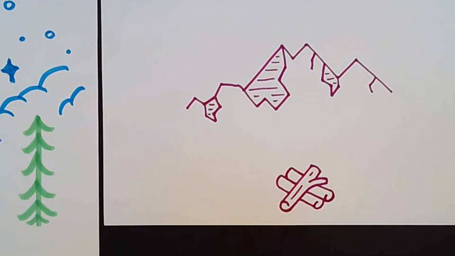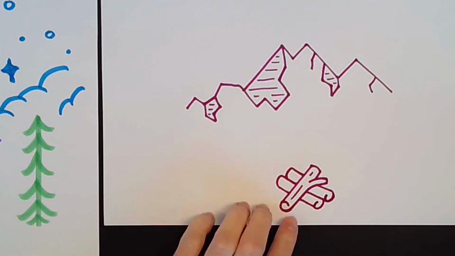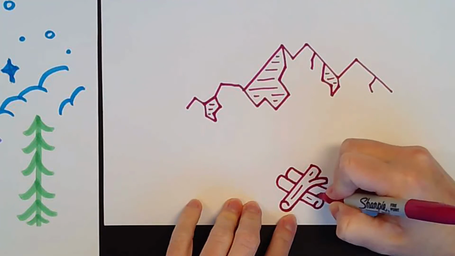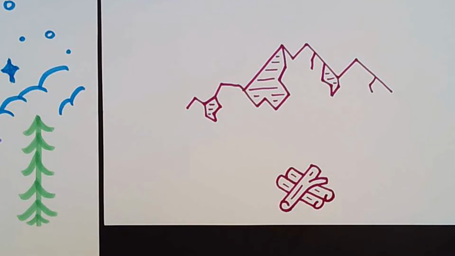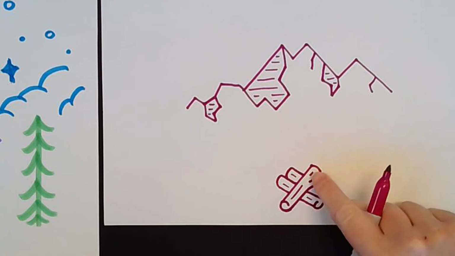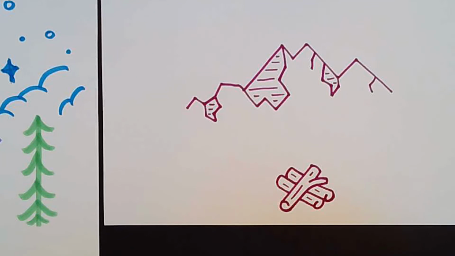A little backwards J. And then I'm going to add some diagonal lines going this way. And now it looks like some logs piled up. So draw your logs, and then we're going to add the fire.